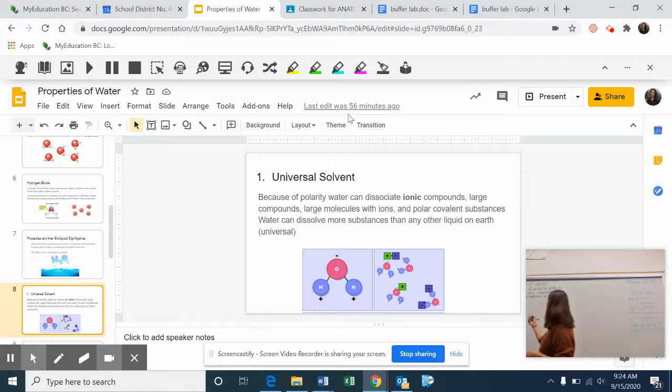And polar covalent substances, meaning other things that, like water, have an unequal sharing of electrons.